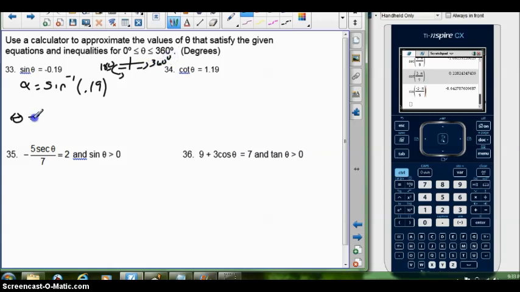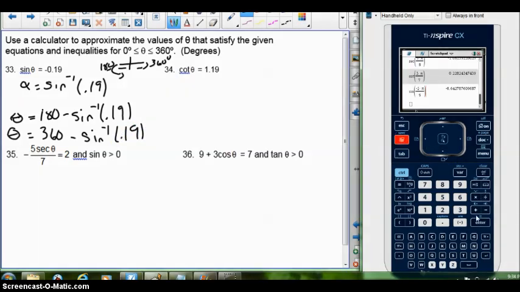So theta would be 180 plus inverse sine of 0.19, and theta will also be 360 minus inverse sine of 0.19. One more time, 180 degrees plus sine inverse of 0.19.